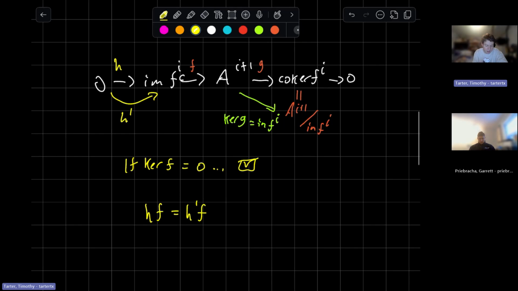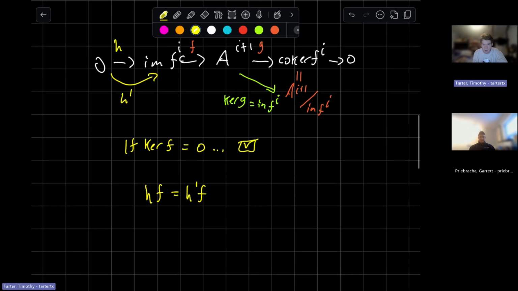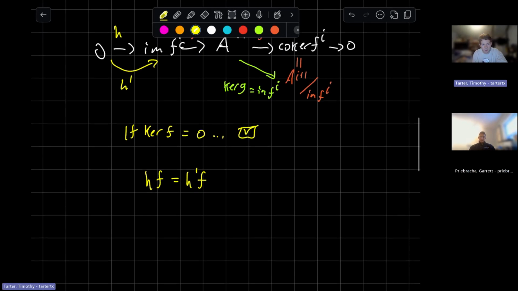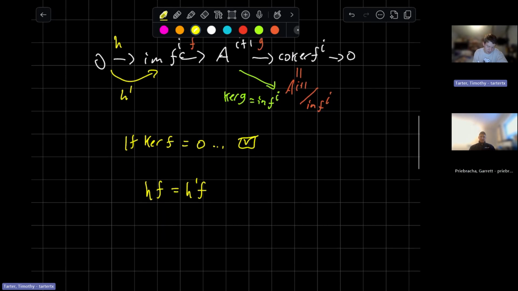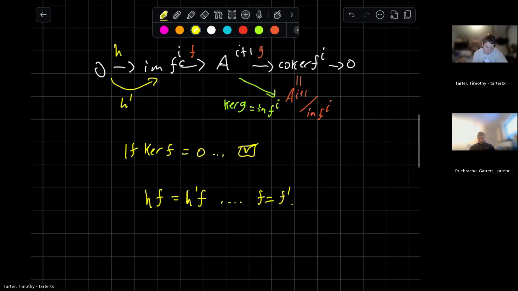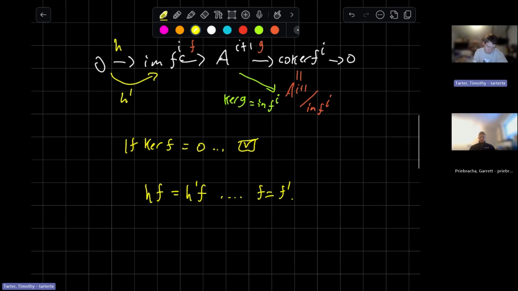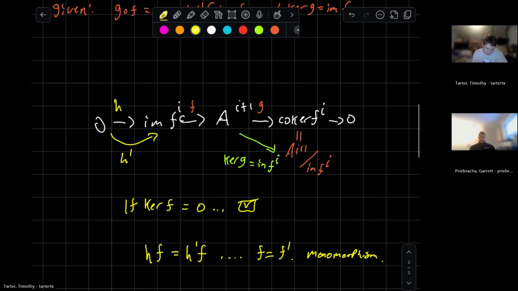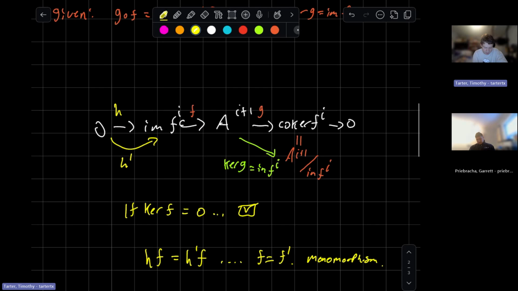Well, H and H prime from the 0 map have to be the same because they're on the same open. Hand waving here. I think that works.